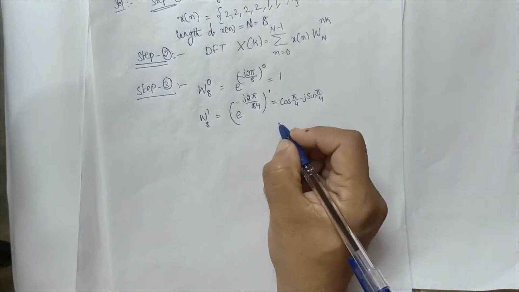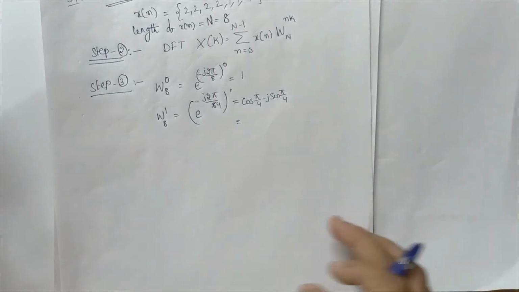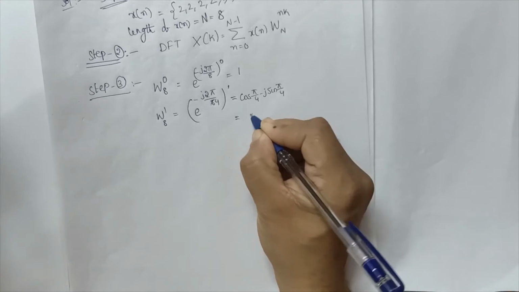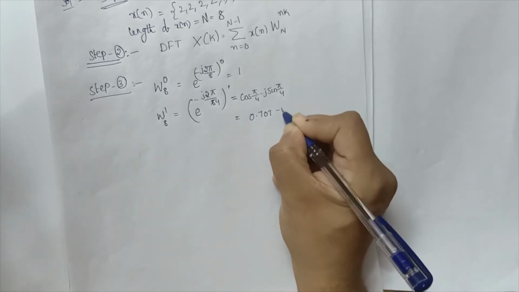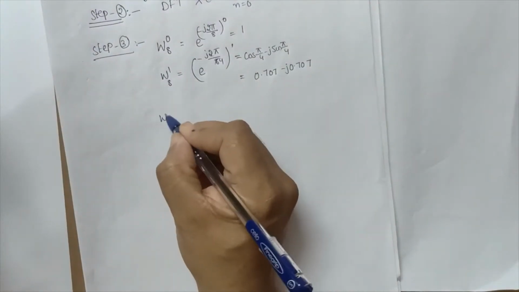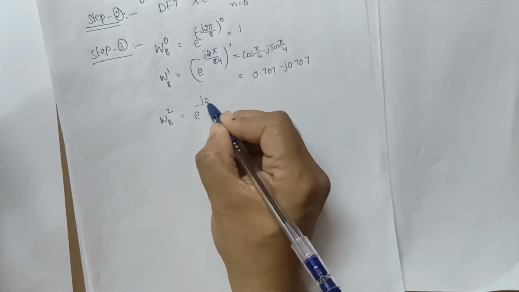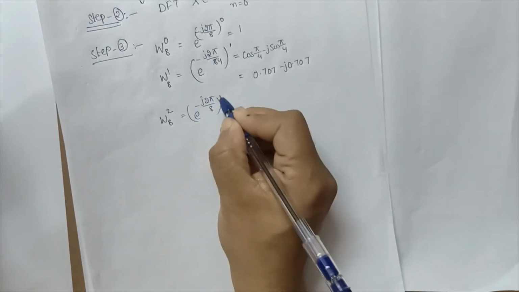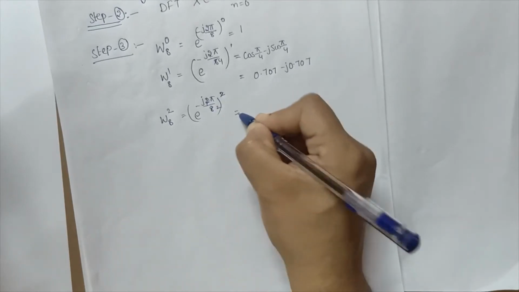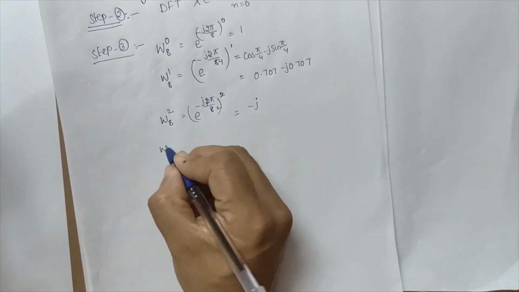You can directly get the value from a calculator. The values I am directly writing from the calculator, that is 0.707 minus j 0.707. Like that, omega 8 square is equal to e power minus j 2 pi by 8 whole square, that is e power minus j pi by 2, which will be minus j.